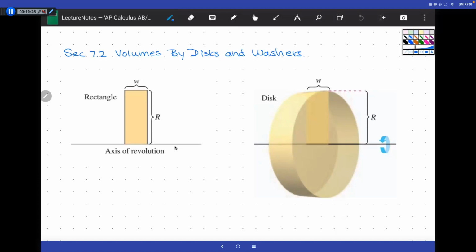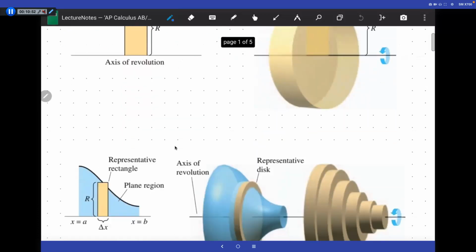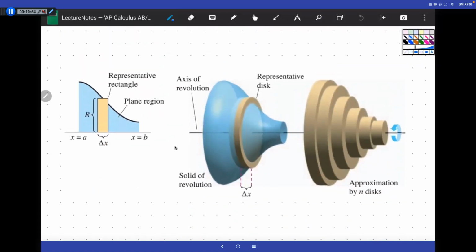As it spins around, it's going to make this disk. Instead of dividing the area up into cross sections, because these are areas, we call them volumes of revolution, because we're going to take some area and rotate it about an axis of rotation, and it's going to create this rounded shape. So we're going to take the volume and cut it up into these disks. So here's this idea on a bigger figure.